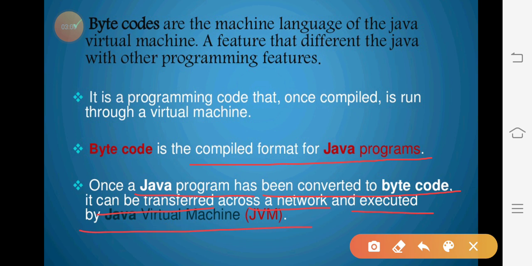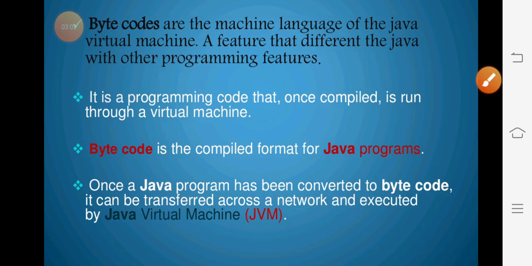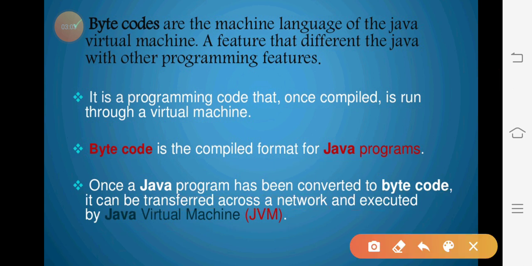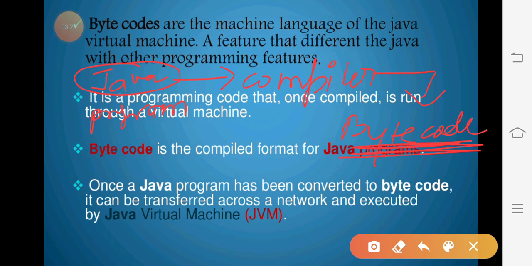Now we will summarize all these 4 points. Suppose we have written a Java program, that is known as what? Source code. This will get compiled with the help of the Java compiler, and it will produce an intermediate code known as bytecode, and this bytecode is platform independent code.